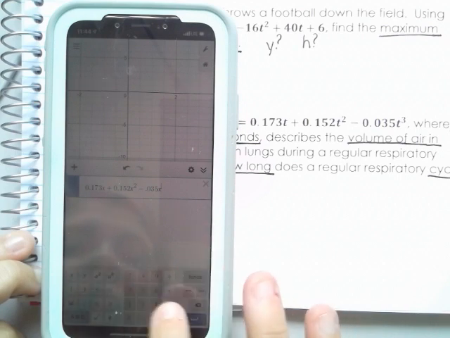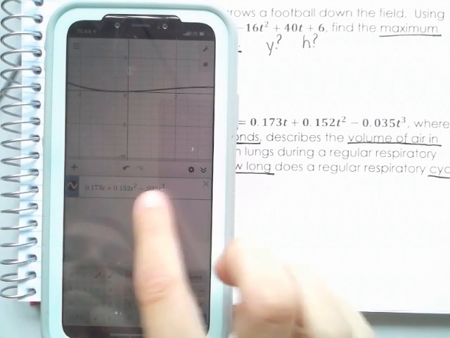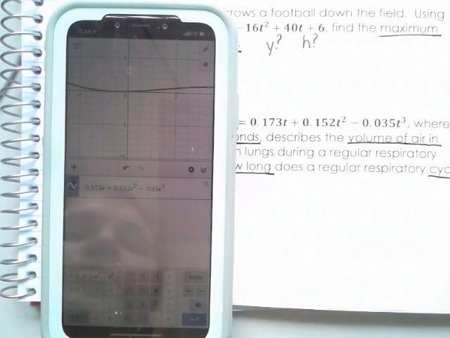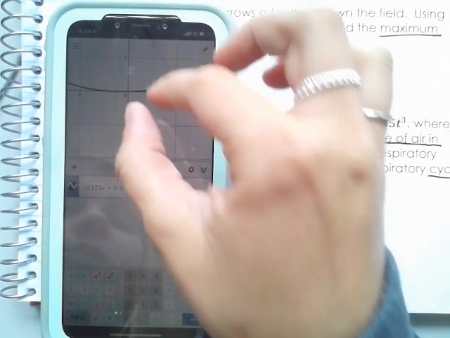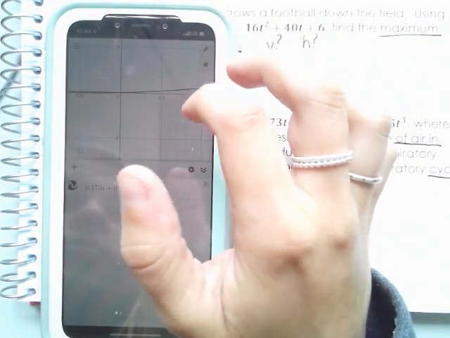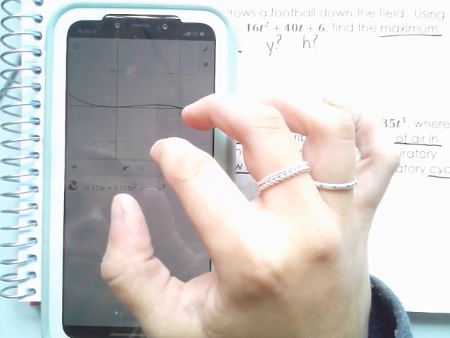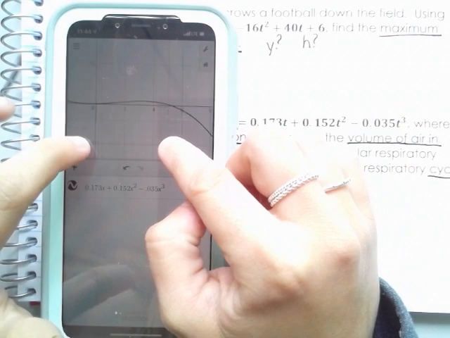And in this case, if you're trying to cube something, you're going to use the AB button instead of the A squared button, so you can change your exponent. All right, from there, we're going to zoom in real quick. So we're going to zoom to where we can see the positive side of our graph.